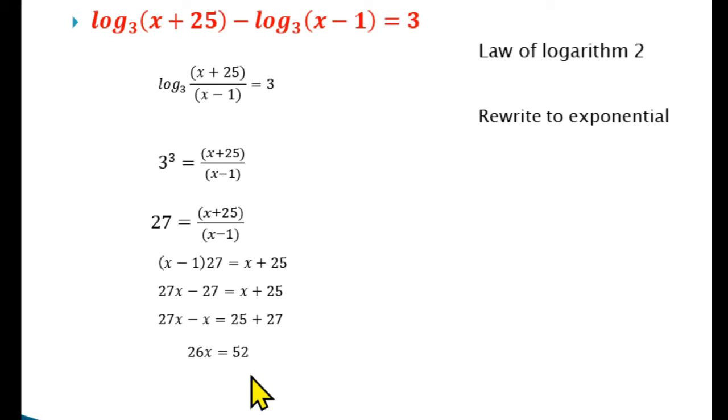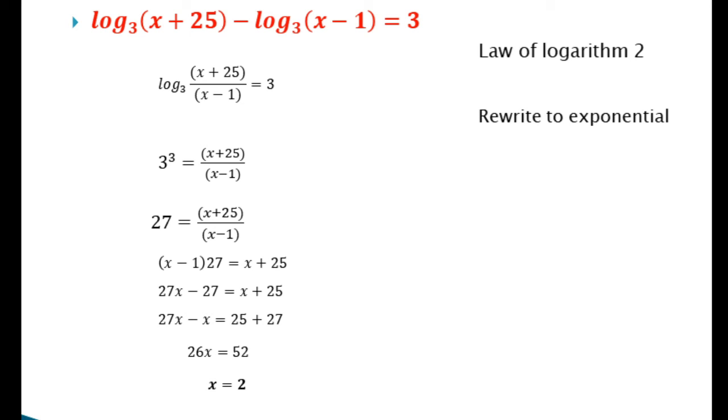Performing the operation, 27x minus x gives 26x equals 25 plus 27, which is 52. To get the value of x, divide both sides by 26. x would be equal to 2.